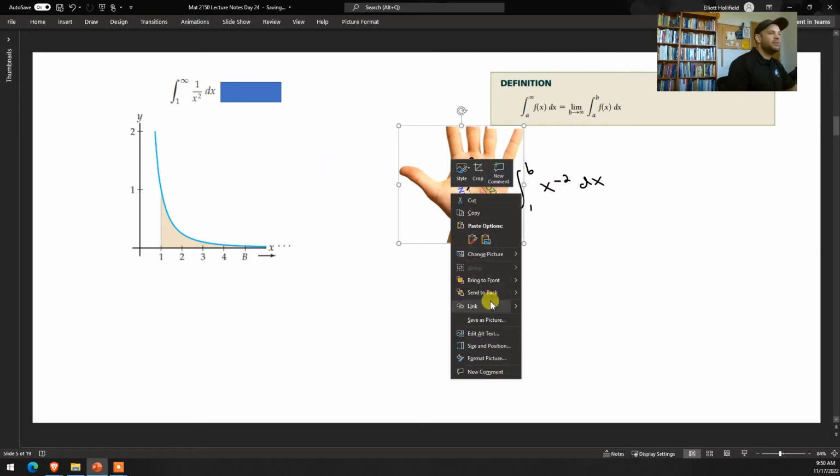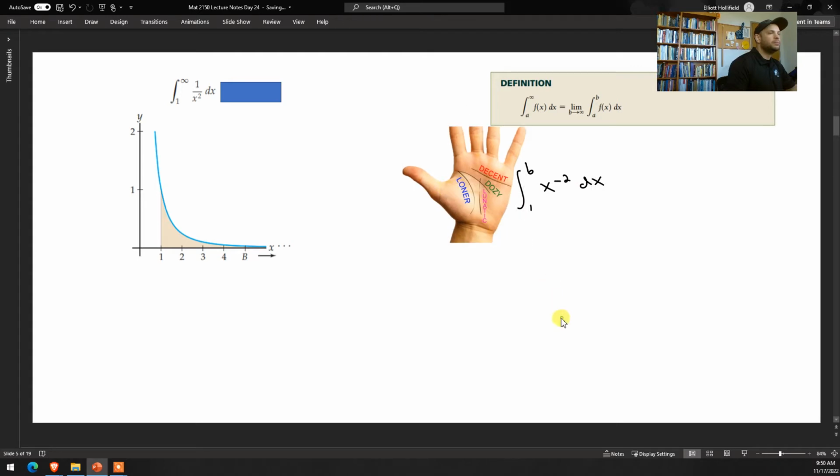Let's forget about that limit for a moment. Worry about the integral, but carry that limit notation through the problem. The antiderivative by our power rule, we get x to the negative 1 divided by negative 1, and we evaluate between 1 and b.